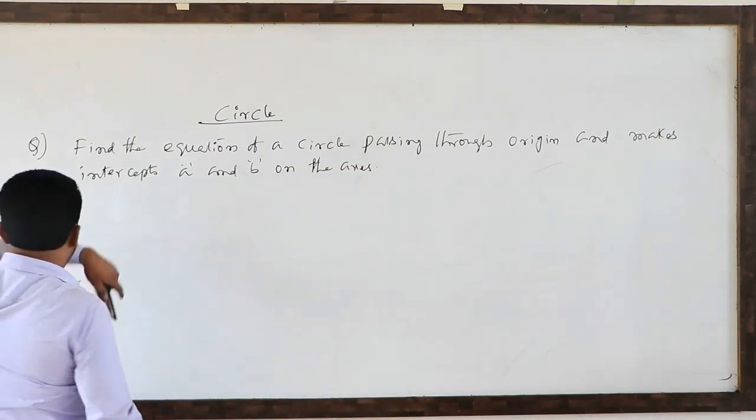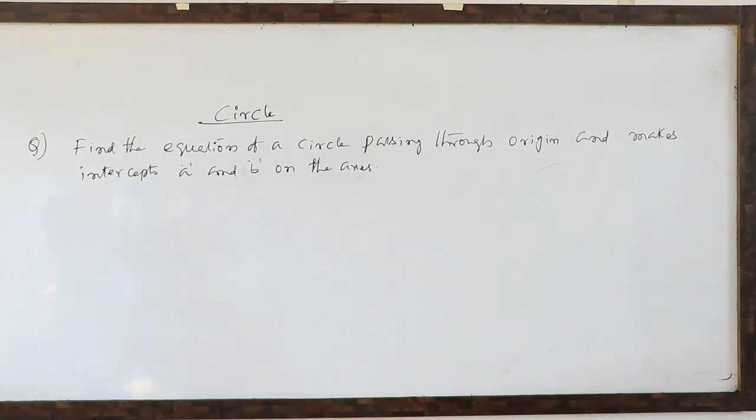So you observe, find the equation of the circle passing through the origin which makes intercepts A and B on the x and y axes respectively.